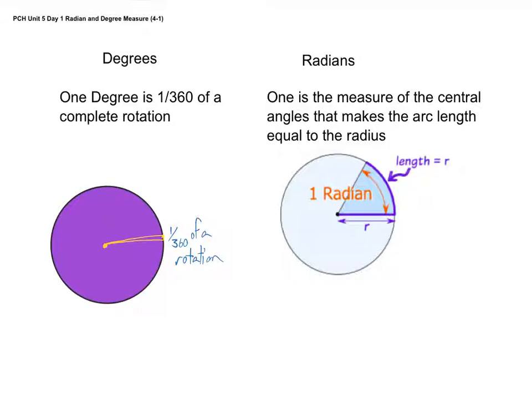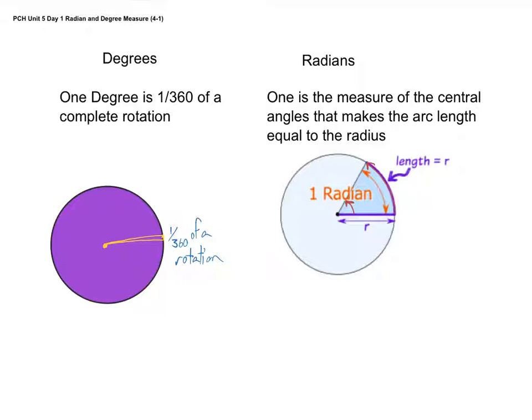Now, a radian is also defined based on how much of a rotation it is, but it's defined a little differently. This is kind of interesting. A radian is defined as the angle, okay, the angle that it takes to rotate so that the distance you've traveled along the circle is equal to your radius.